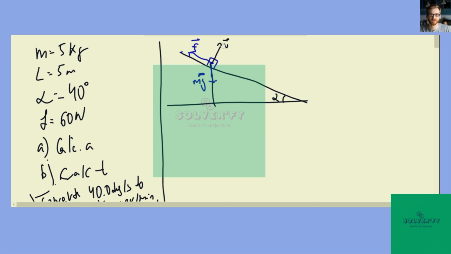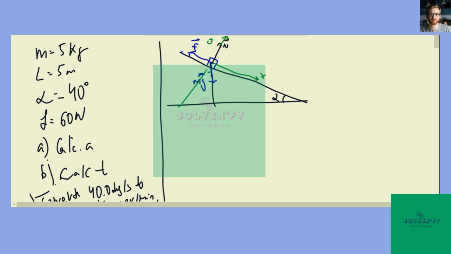Now let's introduce y and x axis. So this is y axis perpendicular to the plane, and the x axis is parallel to the incline. So now let's project. Let's find the angle alpha. So this side is perpendicular to this side. This side is perpendicular to this side.